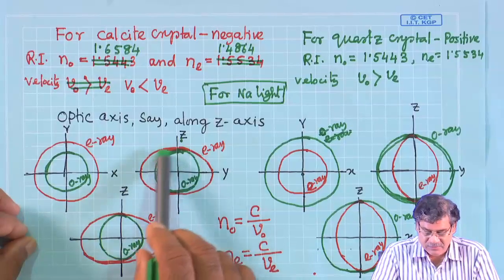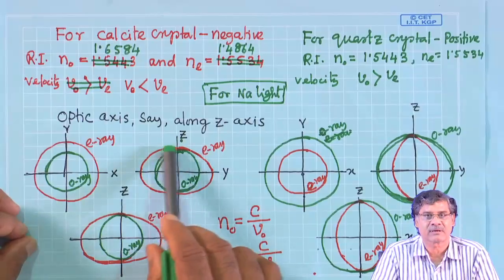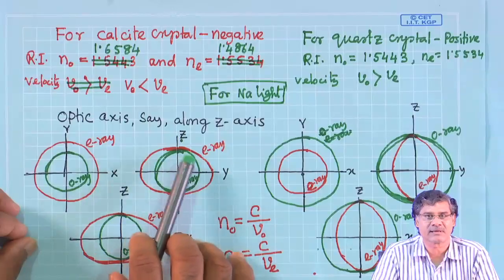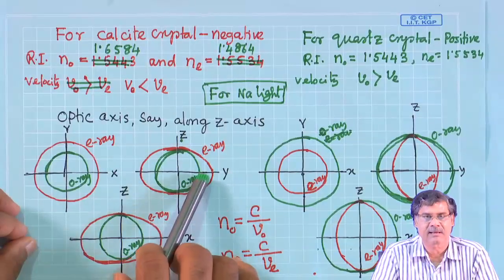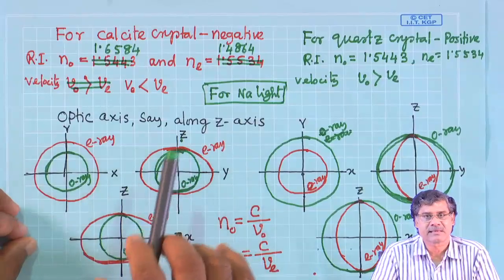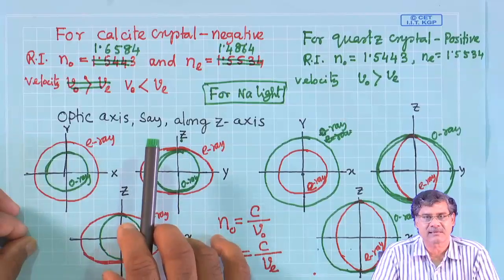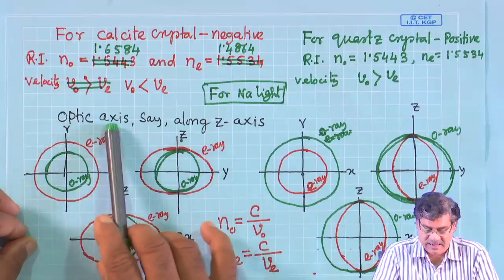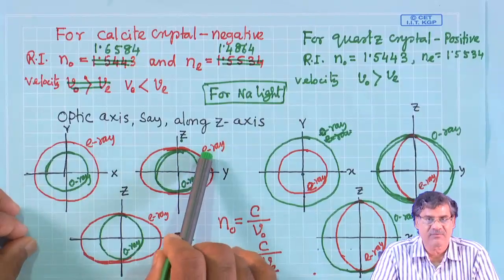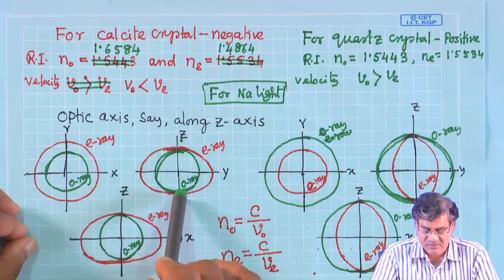So, here also for O ray we will just draw the circle, velocity the same in all directions, x, y, z direction, okay. So, it will be a circle. Now, the velocity is the same for O ray and E ray along the optics axis. So, the optics axis we have considered along the z axis, right. So, the velocity of E ray is basically the same as the velocity of O ray.